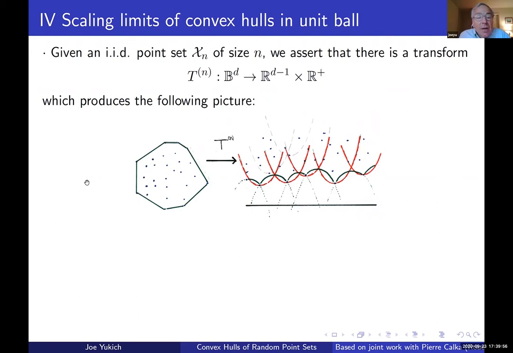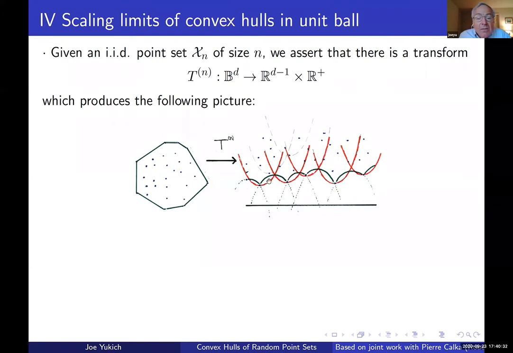This transform has the property that it takes the boundary of the convex hull, depicted in green. And by the way, this picture is only valid for dimension 2. We have the boundary of IID points in the unit disk. The transform T, which depends upon the number of points, carries this boundary into this collection of inverted, nearly parabolic segments.